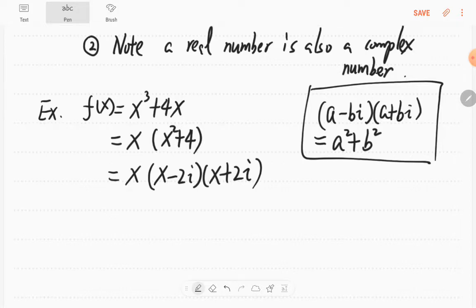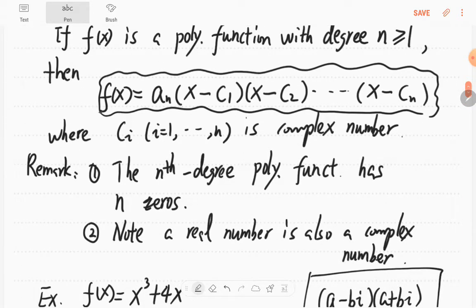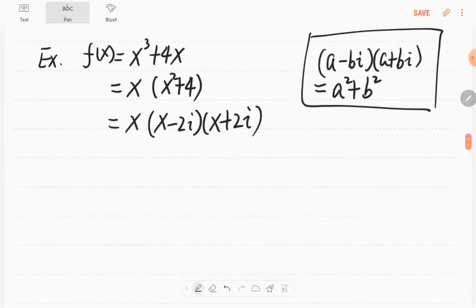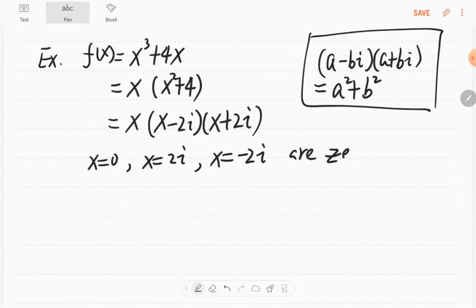This is called the linear factorization. Each term is linear because the power of x is 1. Setting each factor to 0, x equals 0, x equals 2i, and x equals negative 2i are zeros of this function f, because if you plug in these 3 numbers, it will make the function 0.